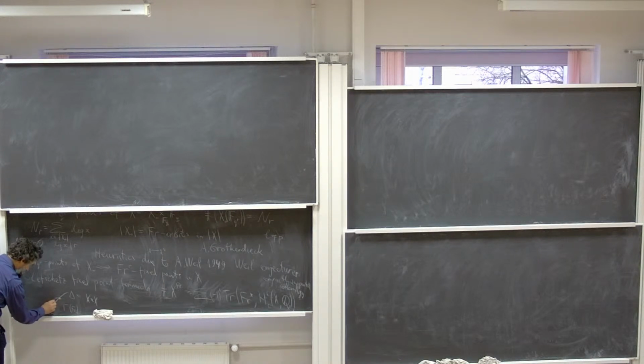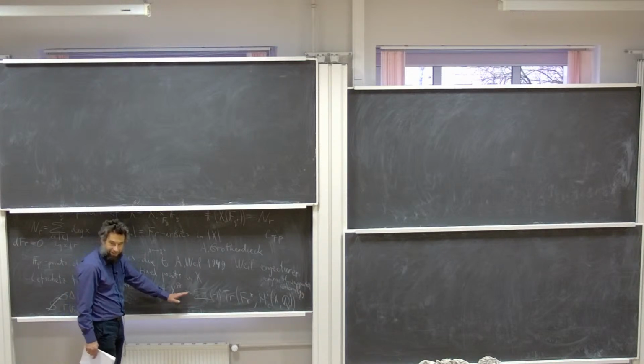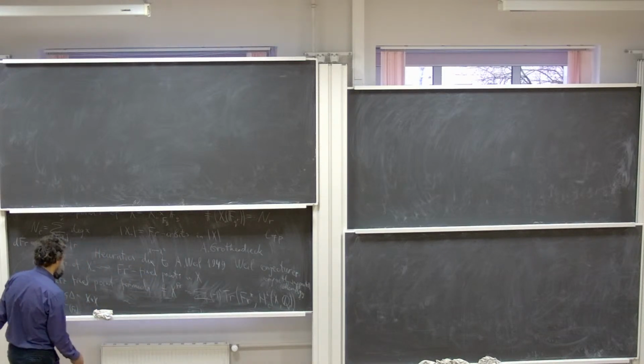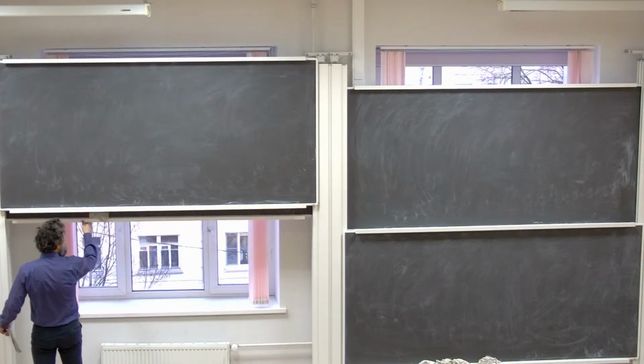Well, I don't know how to draw this. It doesn't look like a graph. But anyway, I want to stress that it's always horizontal at the points of intersection with the diagonal. Okay, so all the intersection multiplicities are just 1. So we really do count just points without any plus or minus 1 multiplicities.